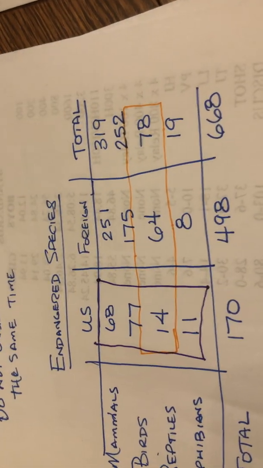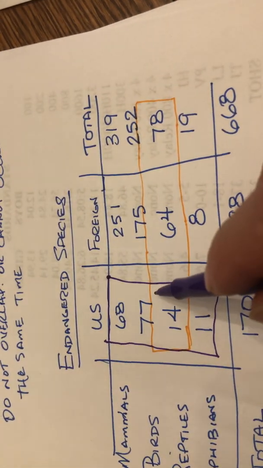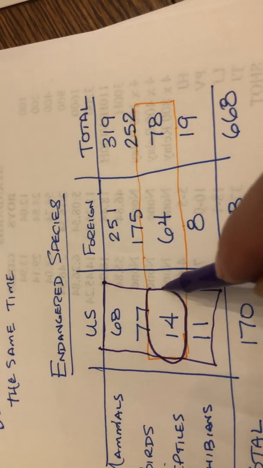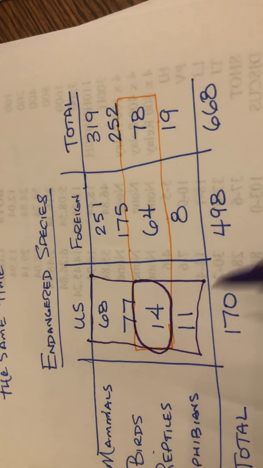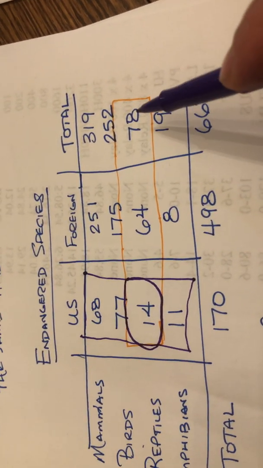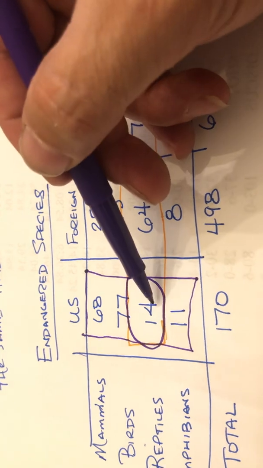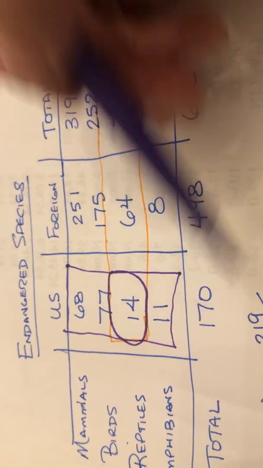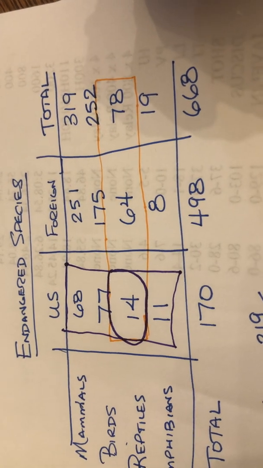What happened? Well, what happened is, if you look right here, those 14 reptiles got counted twice. They got counted once when I went across and tallied up the total number of reptiles, and they got counted a second time when I counted down through here and counted up the total number for the United States.